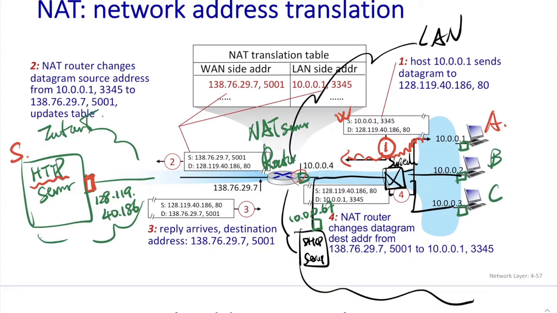So as a NAT server, it will create packet number 2 by using its public IP address, which is 138.76.29.7. It is a public IP address.